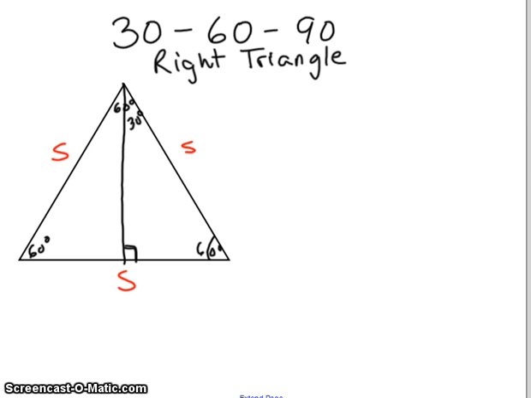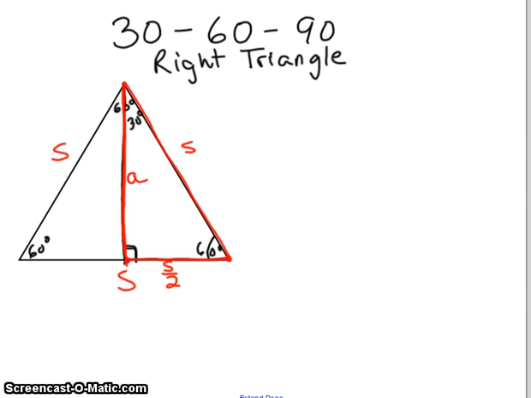If we split this triangle in half, then this side's length is going to be s divided by 2. So for this 30, 60, 90 triangle, we have the hypotenuse, which is length s, we have from here to here, which is s divided by 2, and then we have the altitude, which is something else.